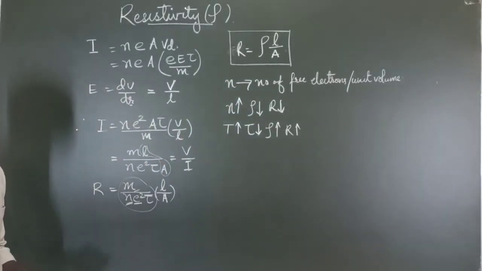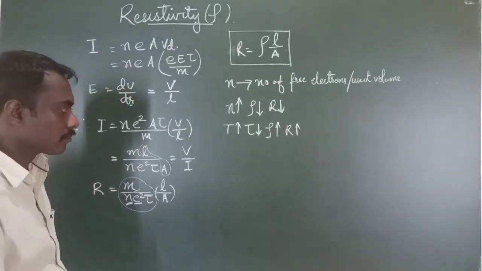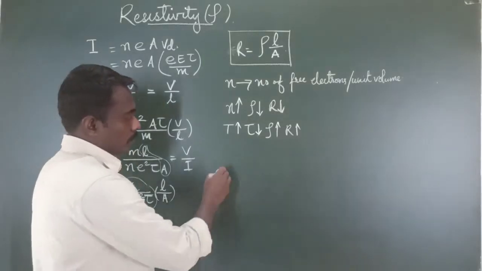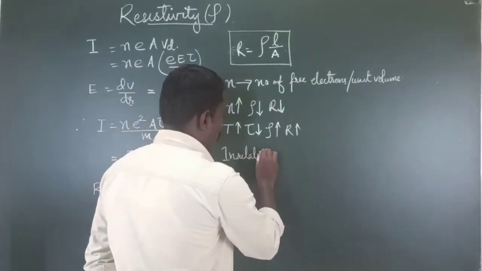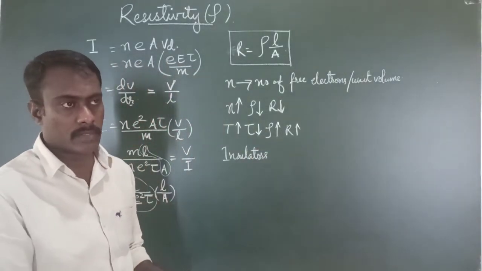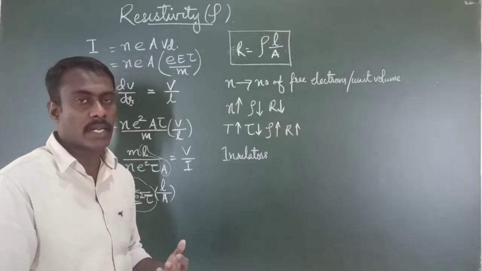Then which materials provide more resistance? Insulators have high resistance. The insulator materials provide high resistance. Why?